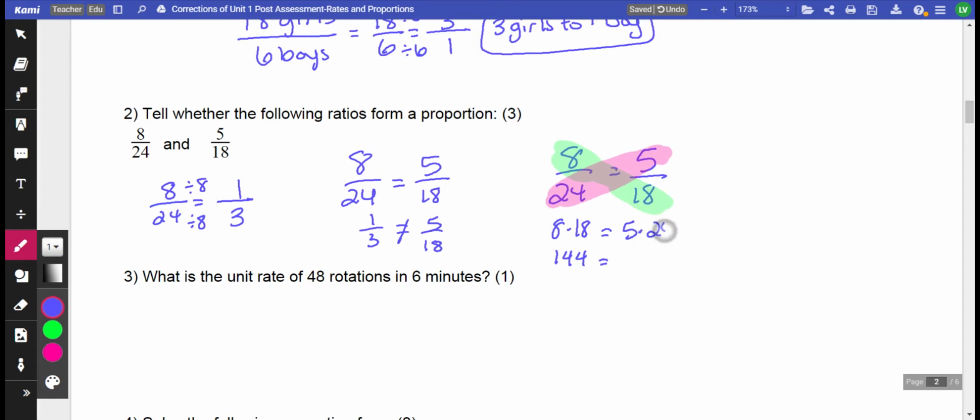Then 5 times 24 becomes 120. Those do not equal each other, so do they form a proportion? No.